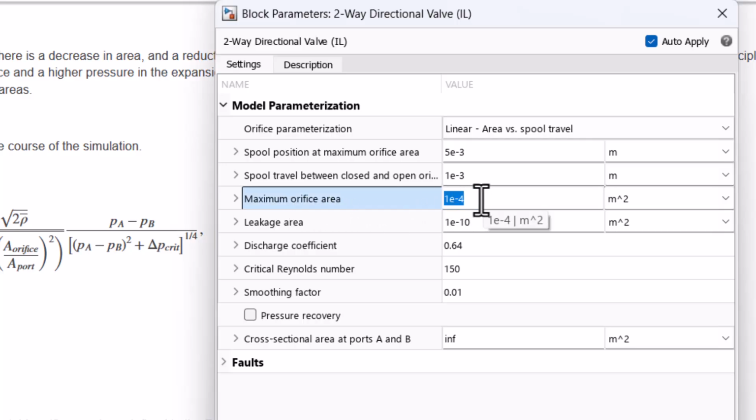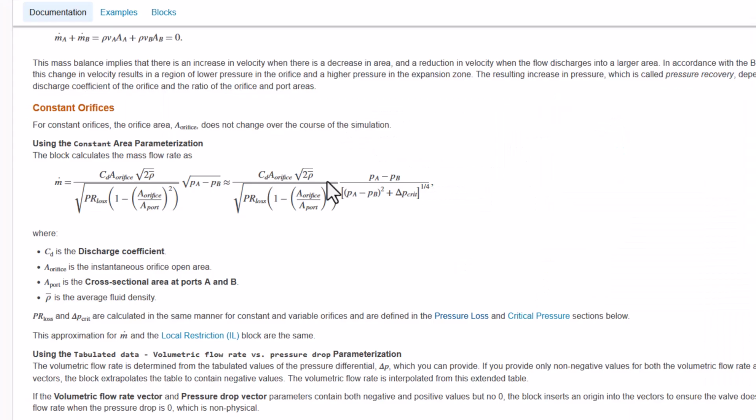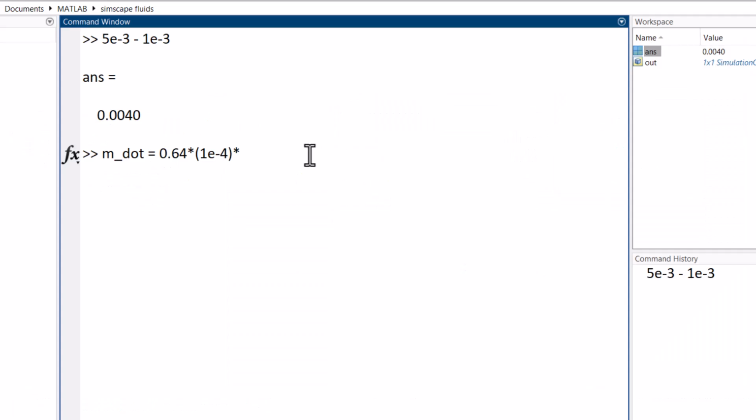It is the free surface area when the valve is 100% open, and it is equal to 1e-4. So 1e-4. Next, it has to be multiplied by the square root of 2 times the density. So here is the square root of 2 times the density, which is approximately 999 kilograms per cubic meter.